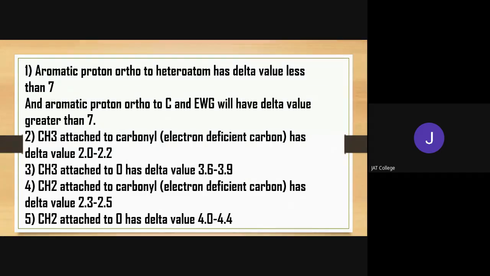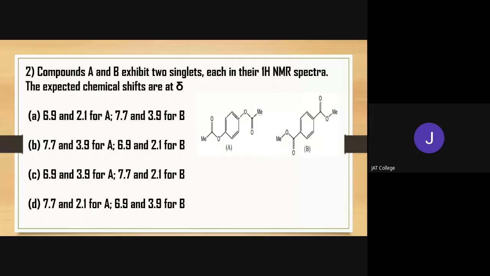Okay. Now, take a look at compound A. In compound A, two oxygens are directly attached to the aromatic ring. So that means the hydrogens at the ortho position, at this position and at this position, as well as this position, as well as this position, they are ortho to the oxygen from this side or from this side.